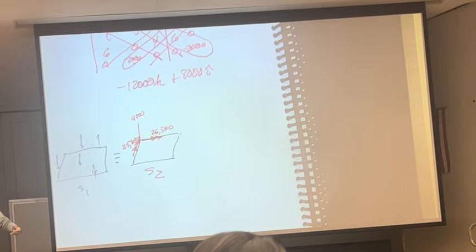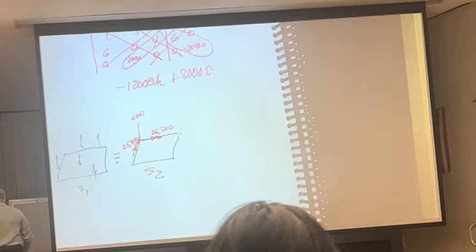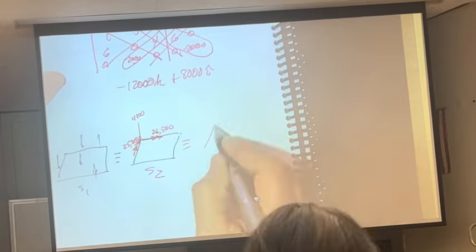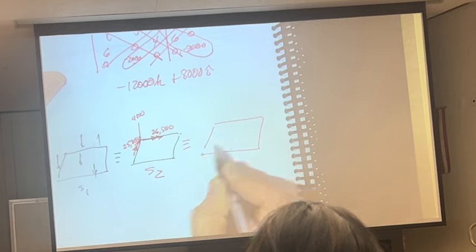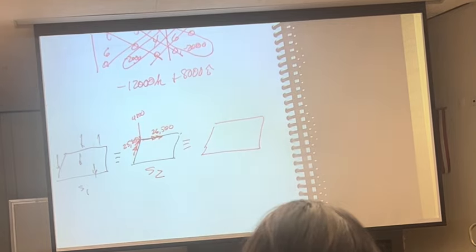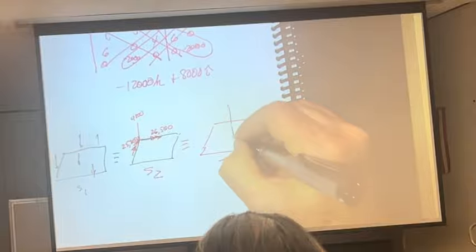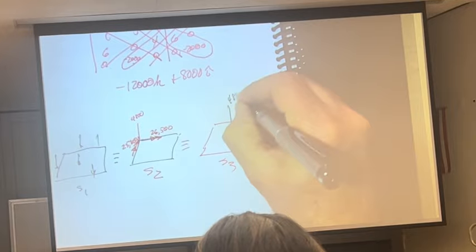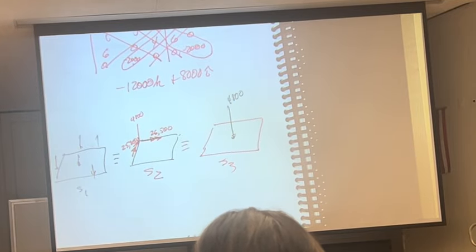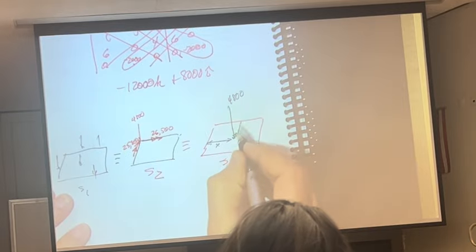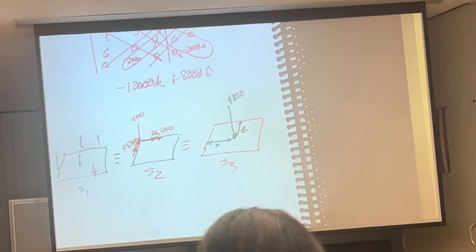We got a double win. So now there is a system 3 that says I've got one single force, 4,800. I just need to find this distance, which is x, and that distance, which is z, because it's in the xz plane.